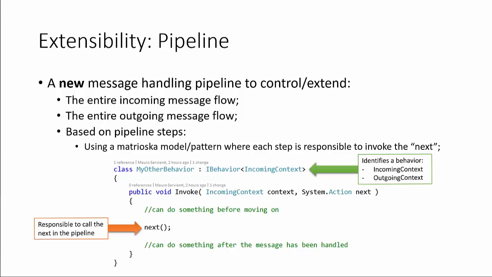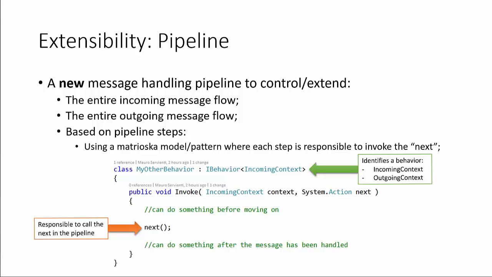If the generic type of IBehavior is the outgoing context, the behavior will be introduced into the outgoing pipeline. In order to implement the IBehavior interface, we are required to define an Invoke method, where the Invoke method will receive the current context based on the direction, incoming or outgoing, and an action that allows us to call the next behavior in the chain, so the next pipeline step.